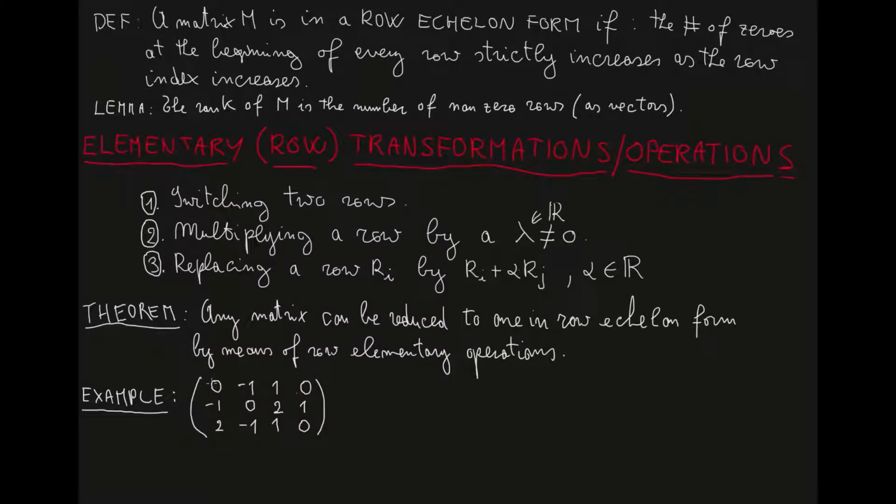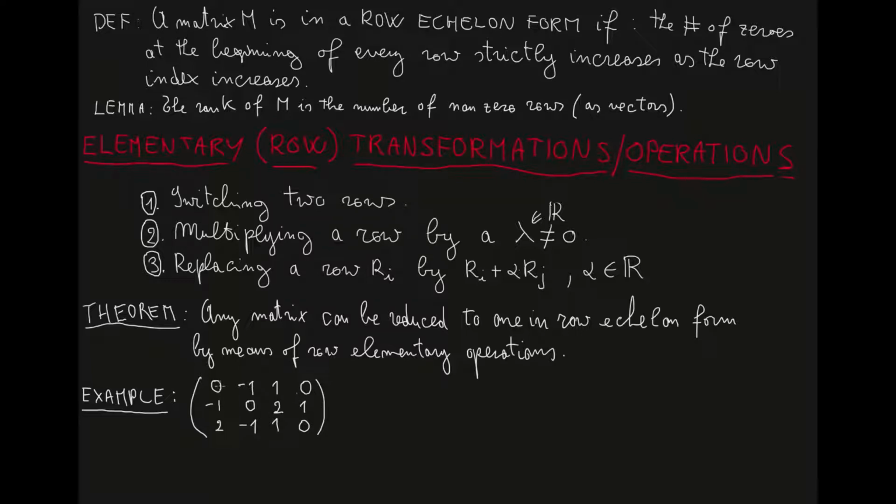In this case it is just 1. We have 1 zero here. And then if the matrix were in row echelon form, we should have a number of zeros in the second row that would strictly exceed 1. But we see that there are no zeros here on the left, so the number of zeros at the beginning of the second row is 0.